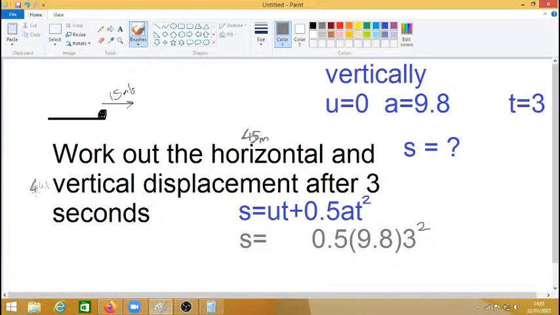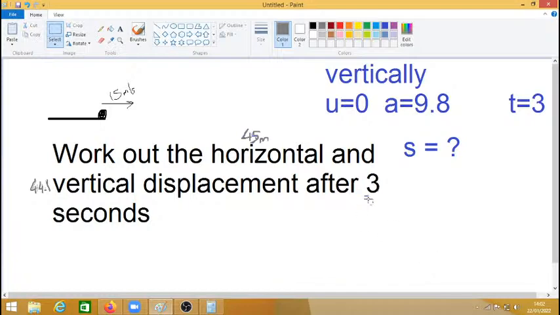Just going to make that a little bit easier to see. Okay, and then the next part is, can you work out the distance of the particle from the point where it was fired off? Now you're probably thinking, hold on, that's what we've already worked out. We've worked out the horizontal distance and the vertical distance.